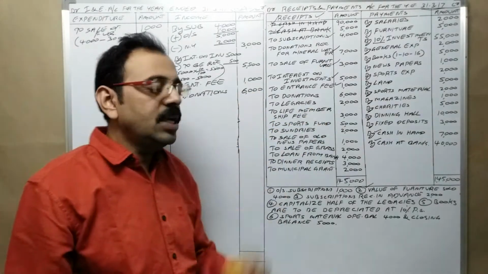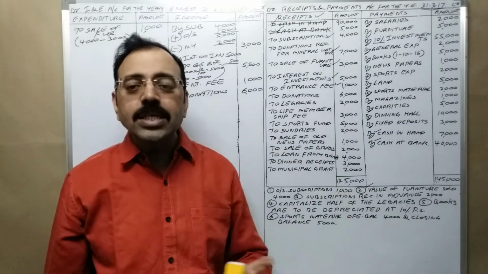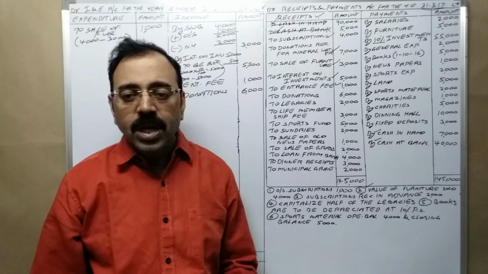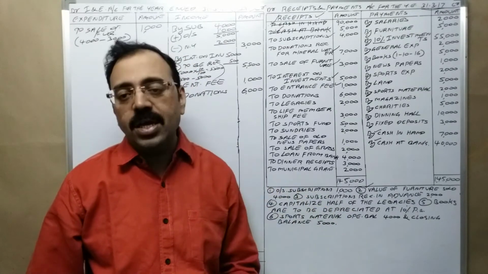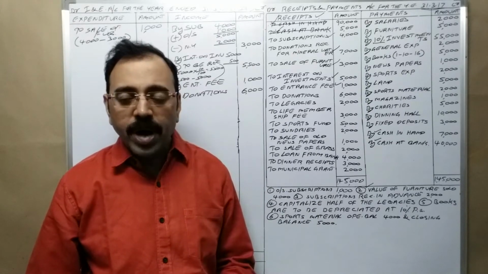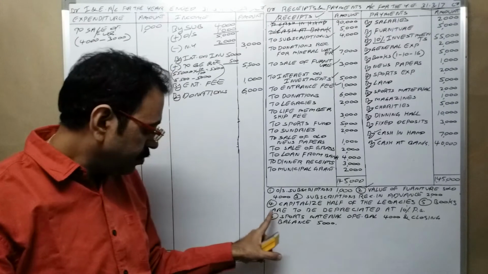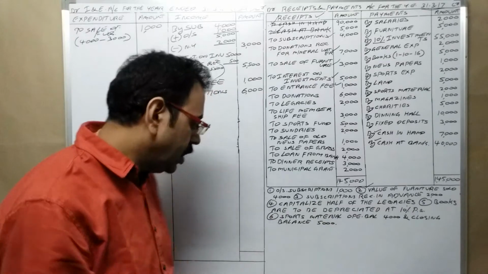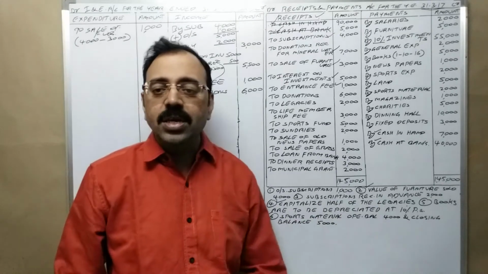Next, legacy. Legacy means what? Through the will of a deceased person, if he receives some amount, that is called legacy. In the absence of any information, legacy is to be treated as capital income because it rarely comes. But if he gives any instruction, we should follow that. So, observe here. Yes, he is giving one instruction: capitalize half of the legacy.